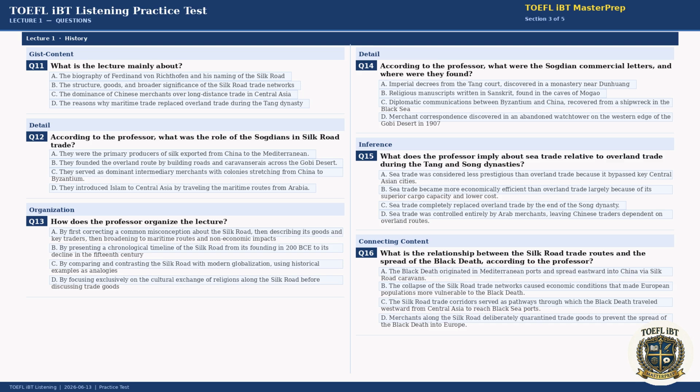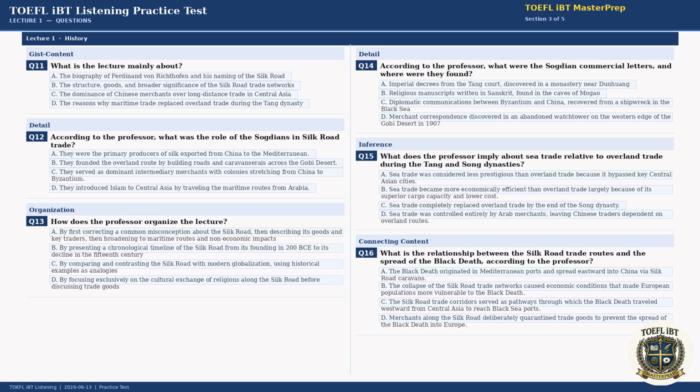Silk Road Trade Networks. First, you have some time to look at the 6 questions. Now listen carefully and answer the questions.